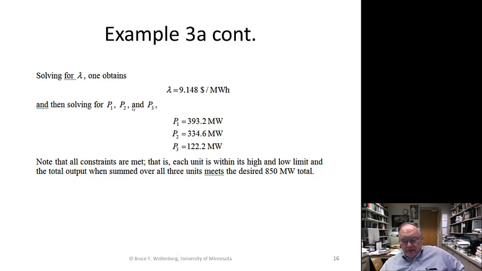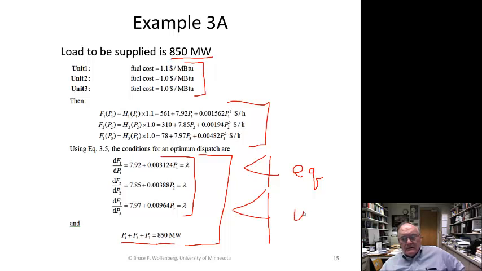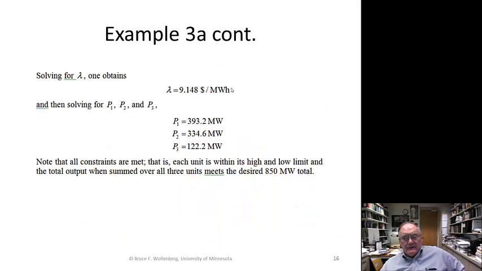If I take the whole works, I have 4 equations and 4 unknowns: P1, P2, P3, and lambda. So I can solve them, and in this case they're a nice set of linear equations. And if I solve them, there's the answer.